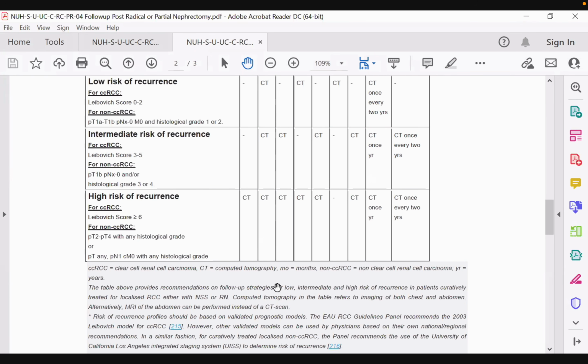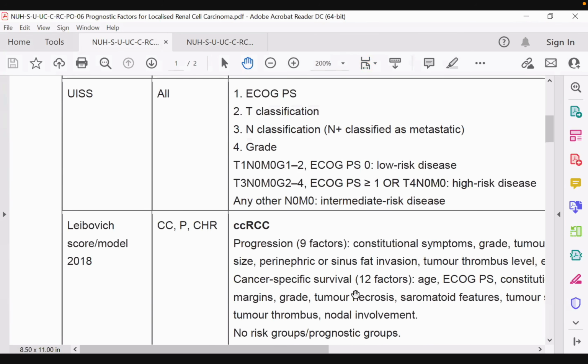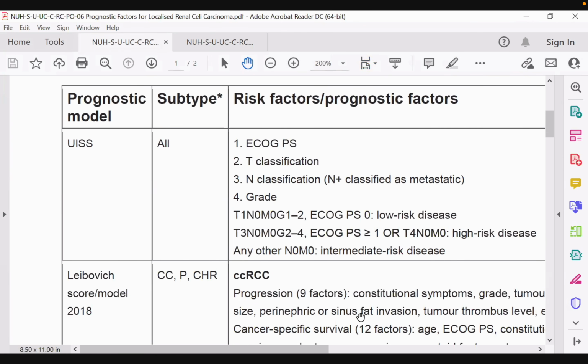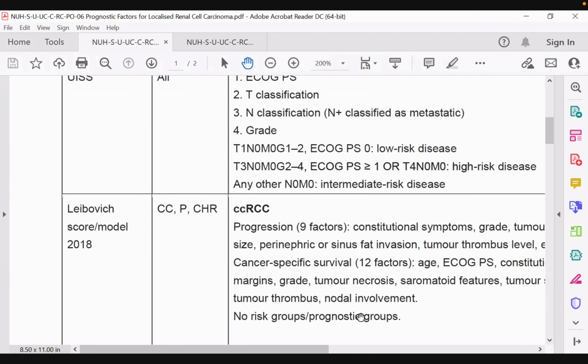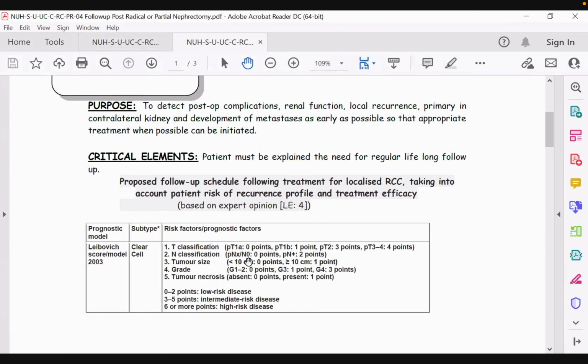Even if you did not know the names of all these scoring systems, there are so many, each fellow has got one. You must have a general idea of what is the outcome of somebody who's got renal cancer. The bottom line is it's the most lethal cancer as far as urology is concerned. Then you look at the various factors. For any tumor, the size is the most important criterion.